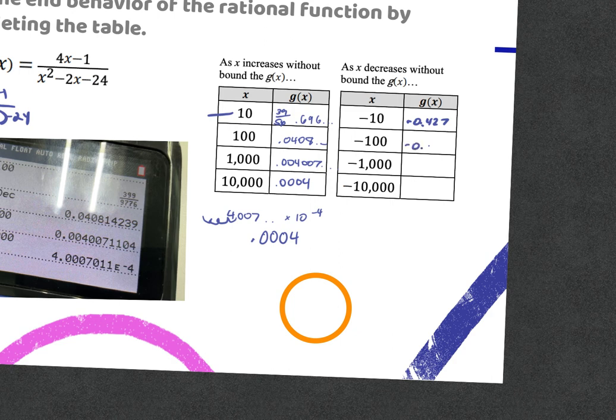Negative 0.0394, and then negative 1,000, negative 0.003993, and then negative 10,000. And I get negative 3.99 whatever, e to the negative fourth, so move it back. And that is 0.000399 dot dot dot. Okay, again it would round to 0.